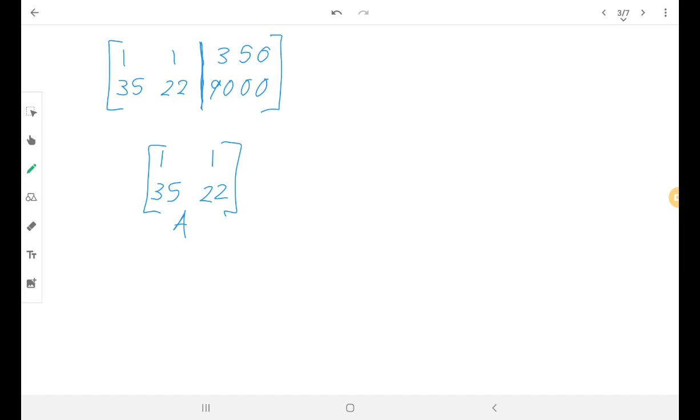So if I take matrix A and I take matrix B, there's a lot of things that I can do with these. You might recall that A inverse times B equals X. You can go back to a previous lesson to see how that sets up, but algebraically that sets up.